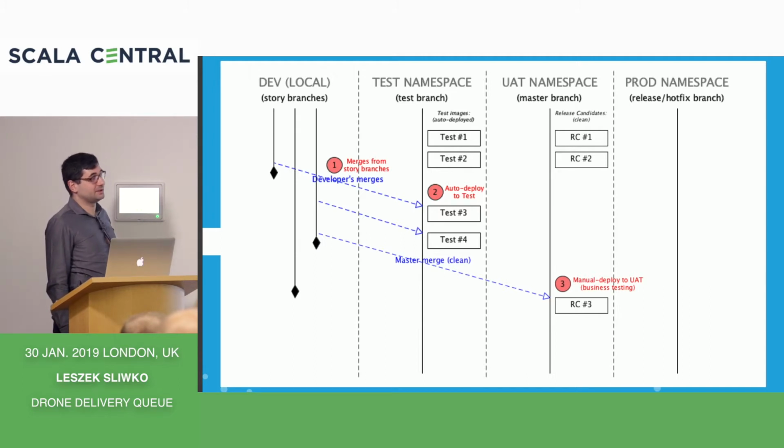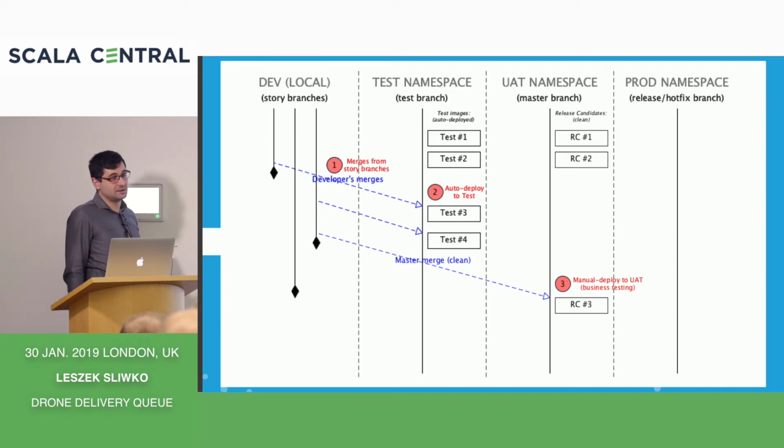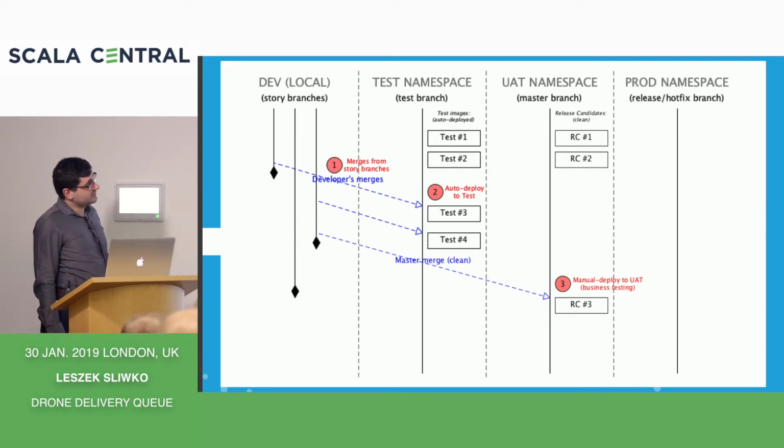We're committing the code there, it gets auto-deployed and compiled, and a tester can check for the obvious bugs. Still, there's no production data or real data available there. After the tester finishes testing, we do a clean merge directly to the master branch. On the master branch, we need to give a push.